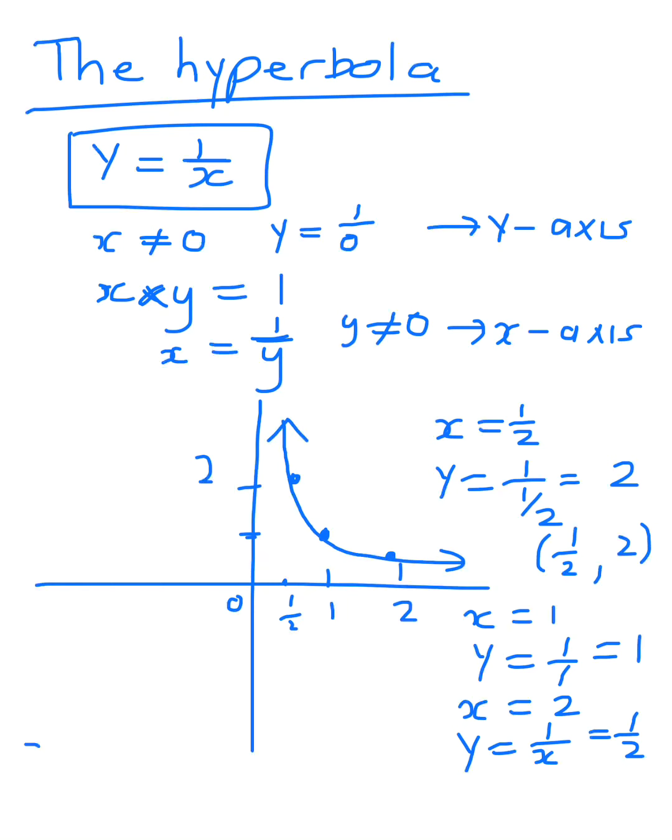And when you put in x equals, let's just say minus a half, you're just going to have the opposite effect. So y is 1 over minus a half, which is minus 2. So it's going to be down there.